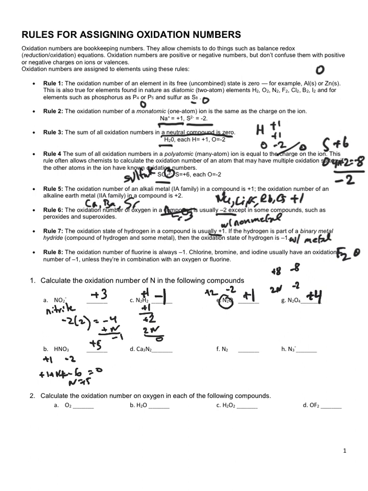Ca3N2, calcium nitride. It's actually an ionic species. We've got a metal plus a nonmetal. So we're going to resort back to rule number 5, that calcium's a group 2 alkaline earth metal. So it has a charge of plus 2, which means it's got an oxidation number of plus 2 on each individual calcium.